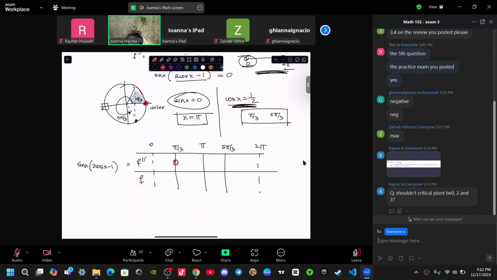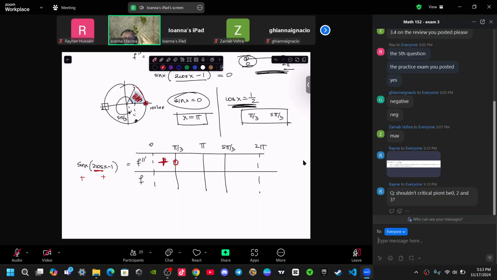So the second derivative is 0. We're interested in what's happening here to the sine. So everywhere else underneath pi over 3, the cosine is more than a half. More than a half means the 2 cosine wins, it's more than 1. So this wins. This is already positive, so the answer is positive.